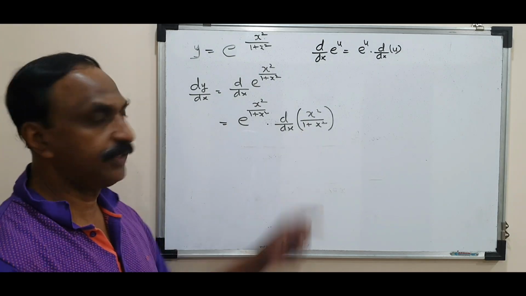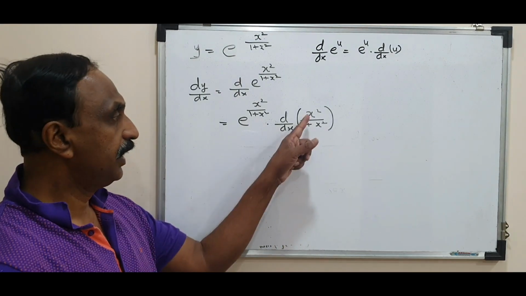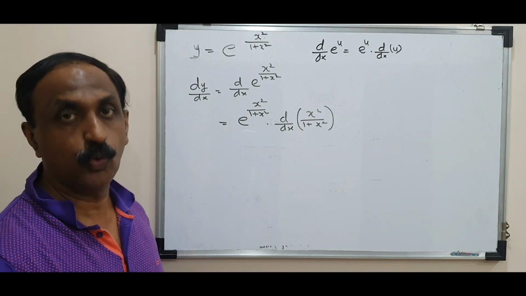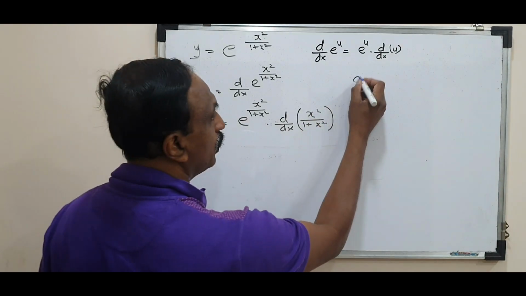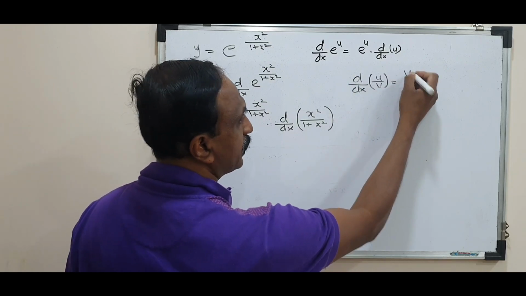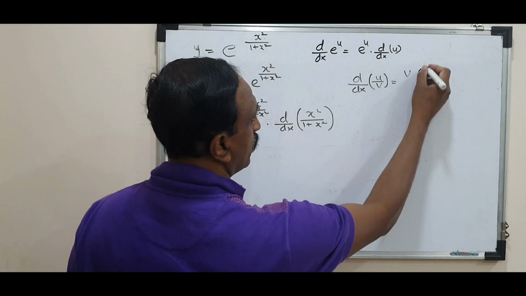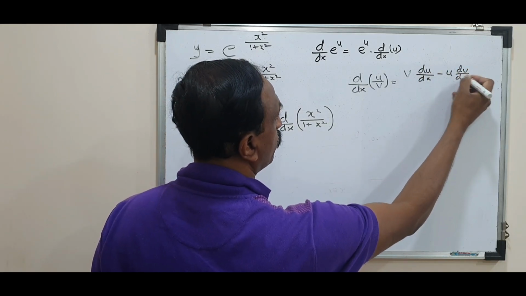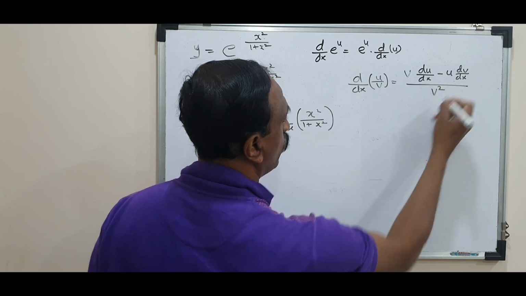Now, how will we differentiate this? It is u divided by v. So we'll have to apply the quotient rule. What is the quotient rule? d by dx of u upon v: start from the denominator, derivative of the numerator minus numerator into derivative of the denominator, upon the square of the denominator.